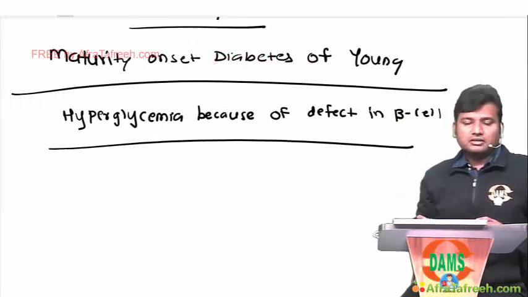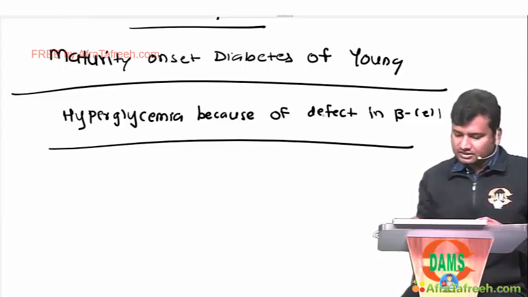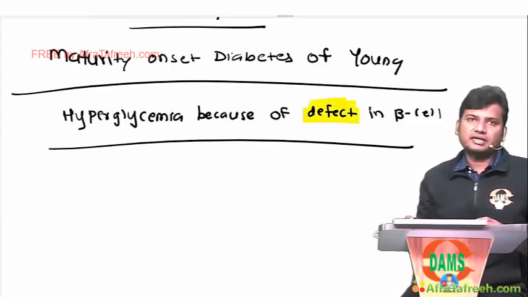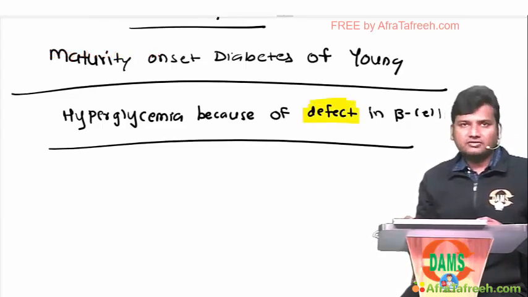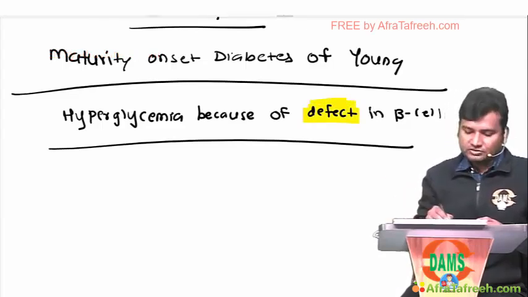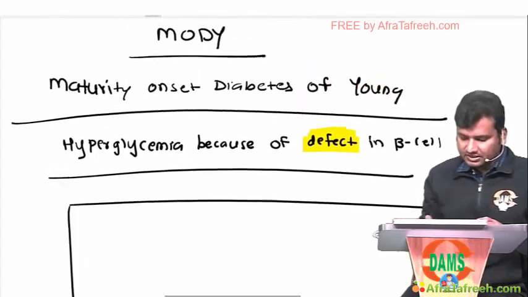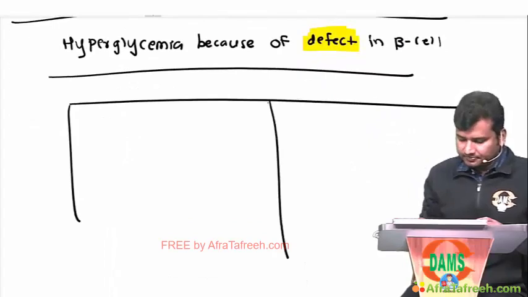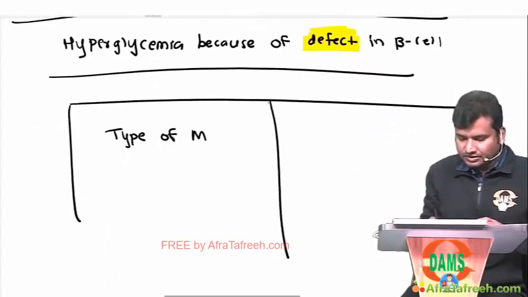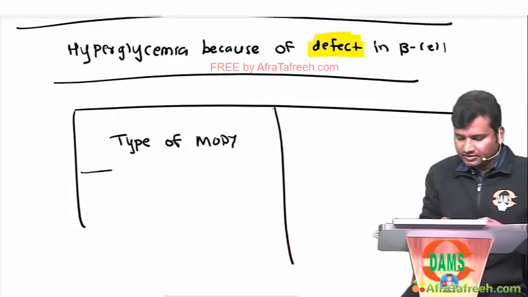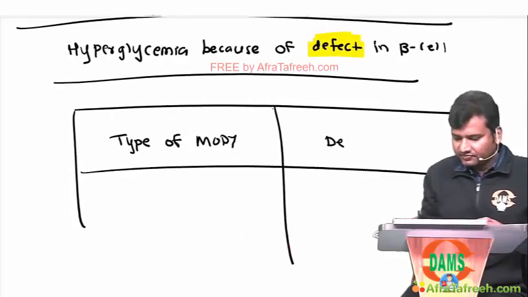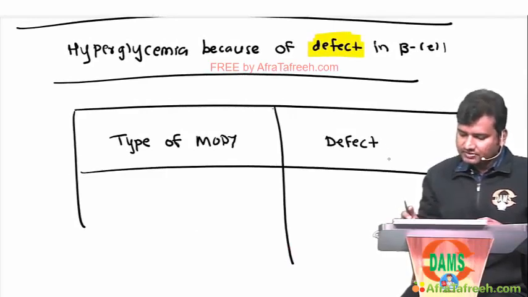Now, there are a total of 6 different types of MODY, meaning 6 different types of defects in the beta cell. According to each defect, there is a different type of maturity onset diabetes of young. So now we will see the types of MODY and various defects. All these defects are present in the beta cell.